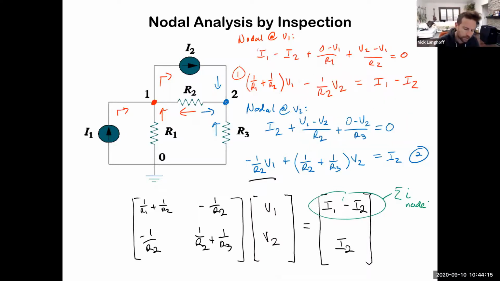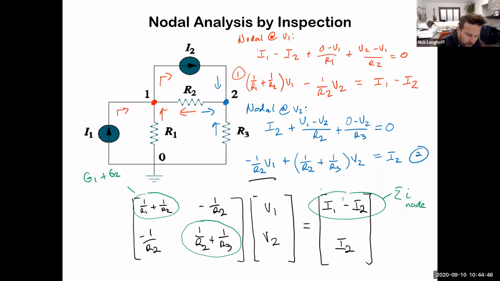This one here looks kind of similar to this one here down the diagonal, doesn't it? Huh. 1 over R1 plus 1 over R2, we could actually write this as G1 plus G2, couldn't we?